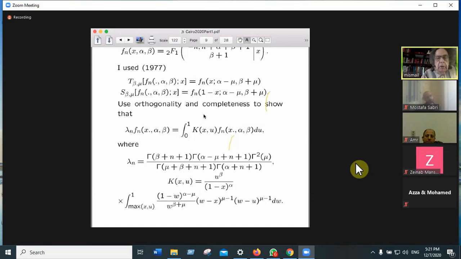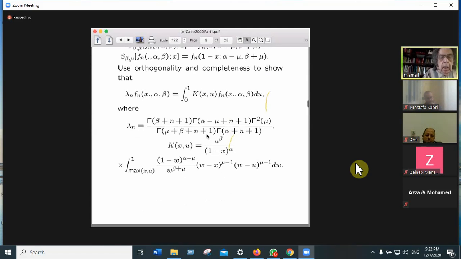I don't want to tell you what the long story is, but you can do it. You can use just these and some ideas to find out that these Jacobi polynomials satisfy this integral equation, and that this is a symmetric kernel. The kernel is like that.